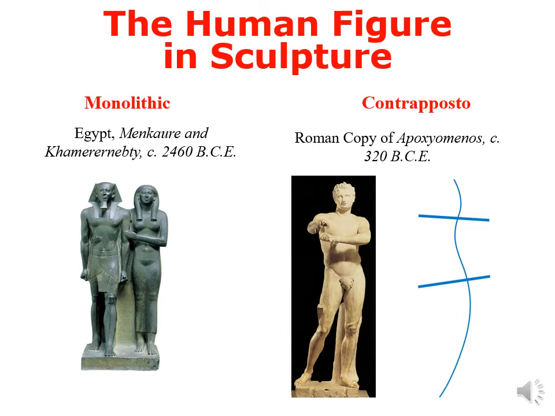So looking a little bit at the human figure, we have on the left a monolithic piece, and the Egyptians did a lot of monolithic pieces, and basically it's cut from one stone, mono being one, lithic being stone.